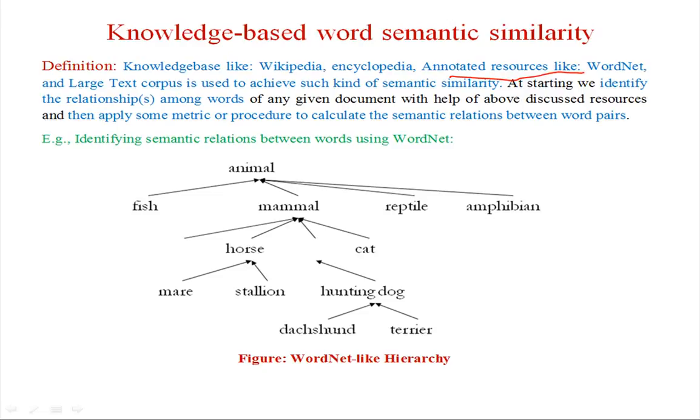At the start, we identify the relationships among words in any given document with the help of the above-discussed resources, and then apply some metric to calculate the semantic relations between word pairs.